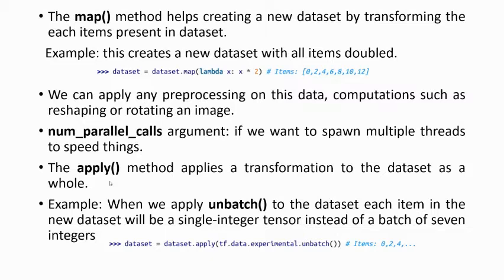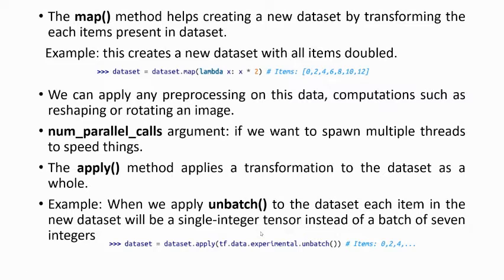Instead, we apply this transformation as a whole on the whole data set. For example, we can apply the unbatch method to the data set, where it can unbatch the tensor.